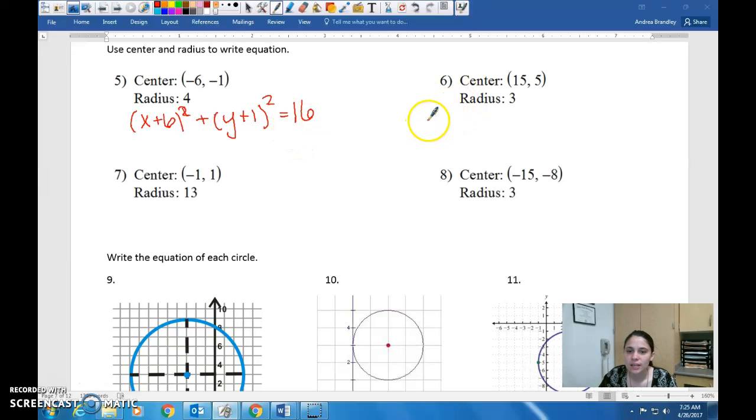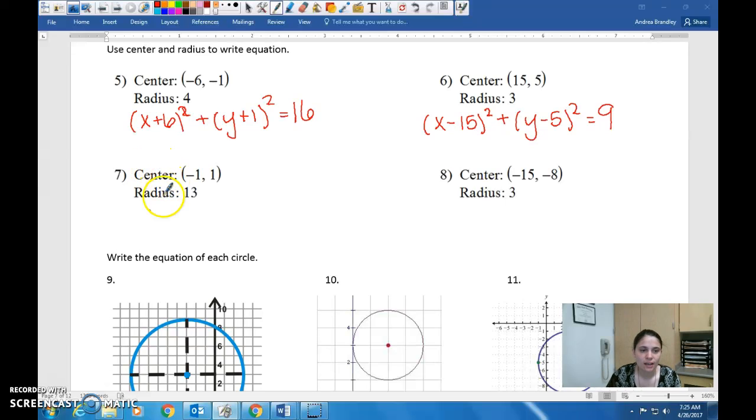And then number 6, I have (x minus 15) squared plus (y minus 5) squared equals 3 squared, and 3 times 3 is 9.